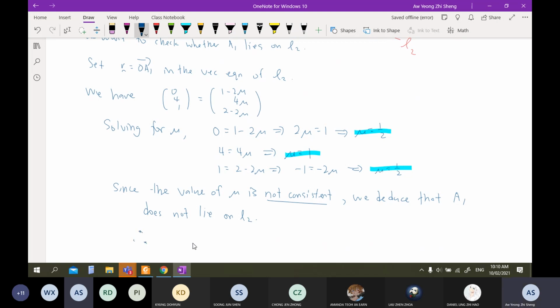Therefore, L1 and L2 must be separate parallel lines. They are distinct parallel lines. Distinct means different, and shown.